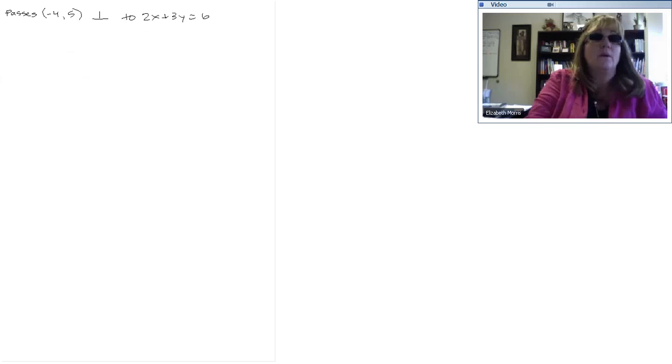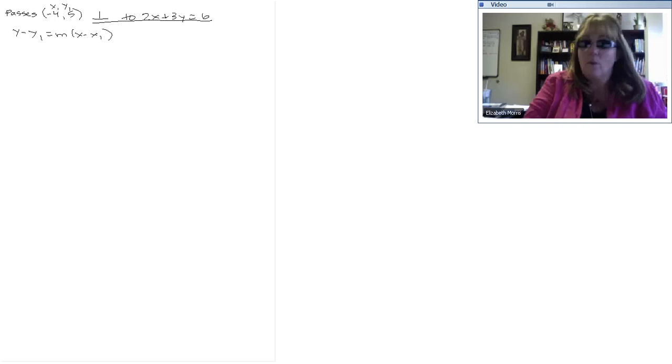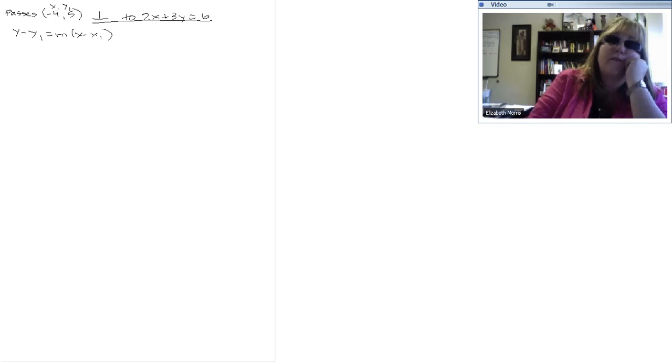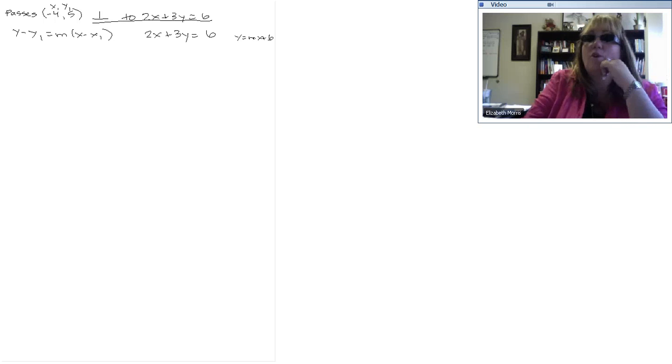Well, remember you need a point and a slope. We have the point. We need to get a slope from this. What do we know about perpendicular slopes? They're opposite and inverted. So first we have to find the slope for this, which we did before, but I'll do it again. If we put it into y = mx + b form, we'll know that whatever's in front of the x is the slope.